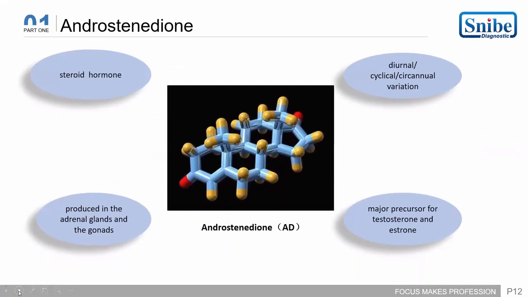Another fertility marker is called androstenedione. Androstenedione, or AD, is basically a steroidal hormone produced in the adrenal glands and the gonads.